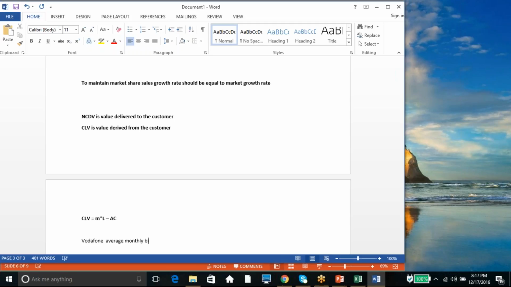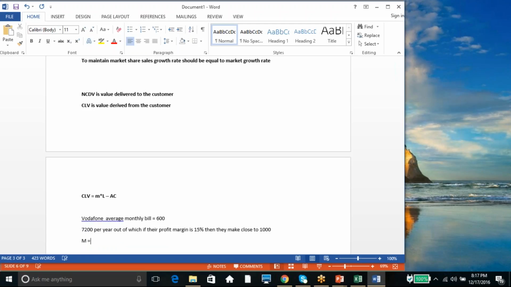So the total revenue you give them is 7,200 per year, out of which if their profit margin is 15%, then they may make 1,000. M is equal to rupees 1,000.